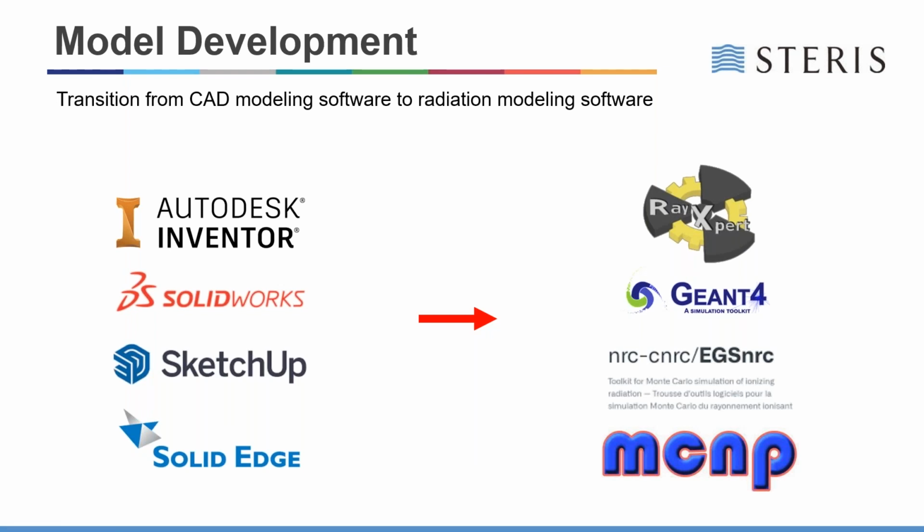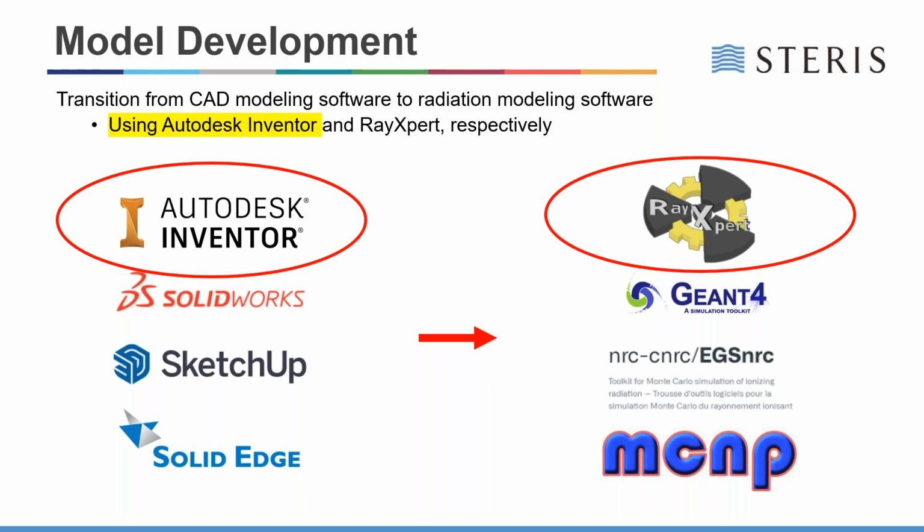Now our next step is to transition from the CAD modeling software that we were just visualizing to the radiation modeling software. As there are many options to choose from, I've listed a few here to give the idea that the approach that we're discussing here is not the only approach that can be taken. There's more possibilities. For our purposes, we have proceeded with integrating the CAD models developed by Autodesk Inventor with the CAD import features that are associated with the RayXpert code developed by TRAD.